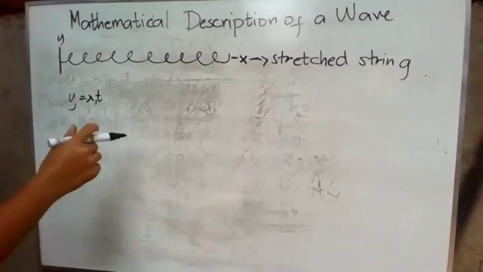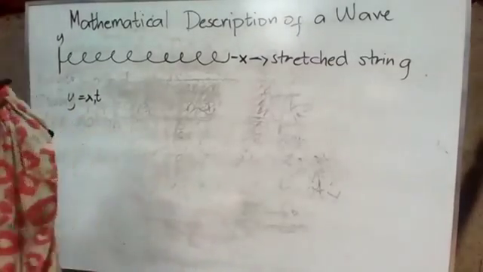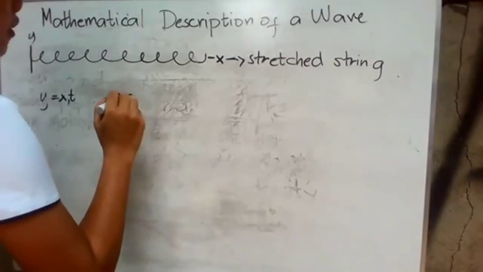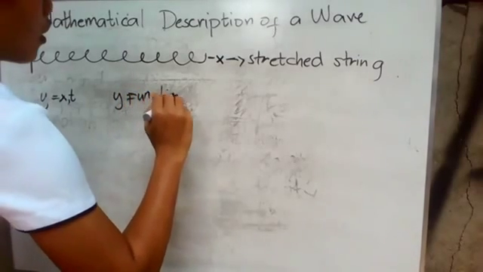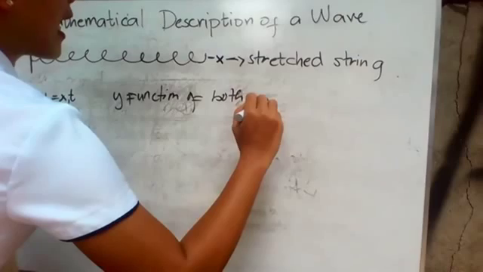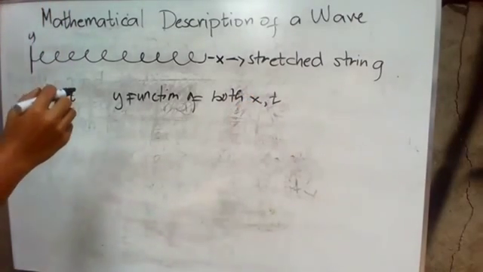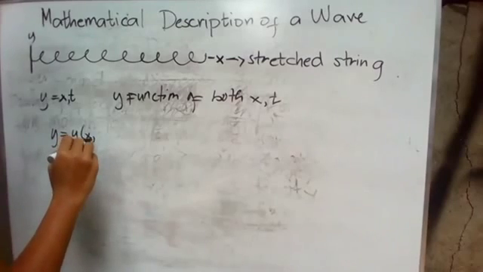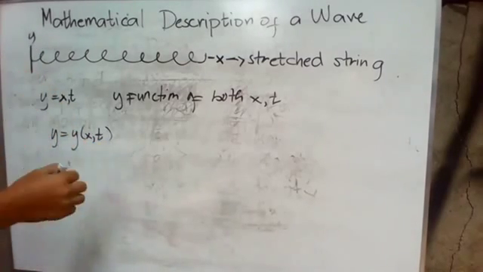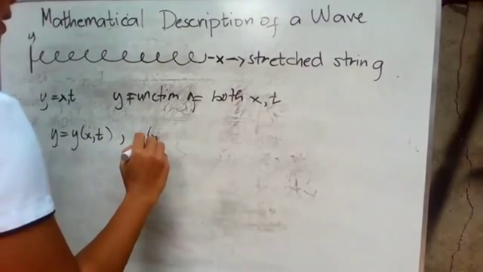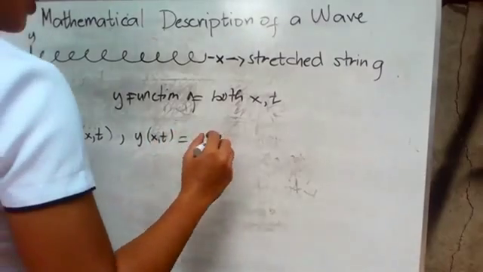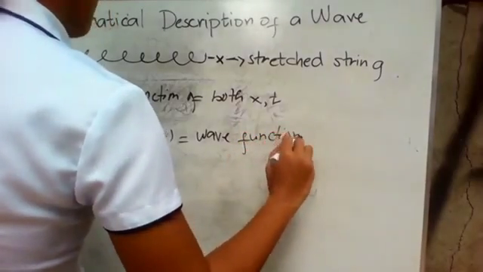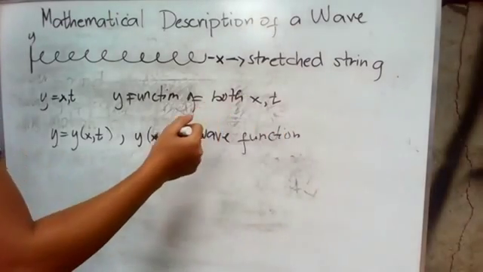So y is a function of both x and t. We call this function y(x,t) the wave function, which describes the wave.